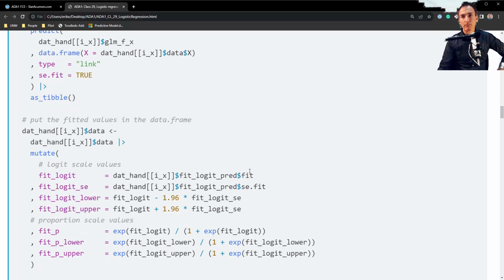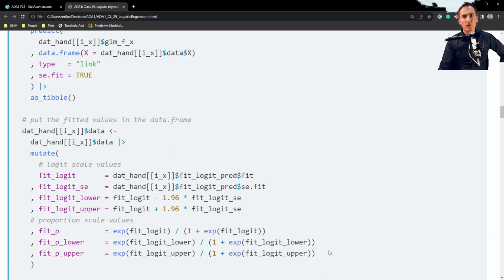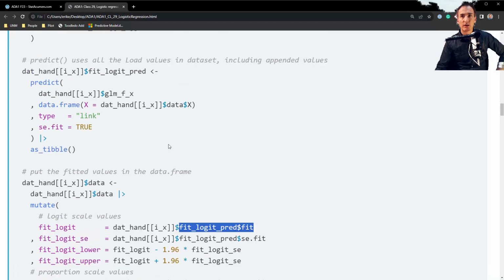Okay. The last part is calculating some additional variables in the data set based on our model fit. So we're going to create variables. The fit on the Logit scale comes from the fitted values, our model predictions up here. We've got our fitted value, we've got the standard error of the fits.